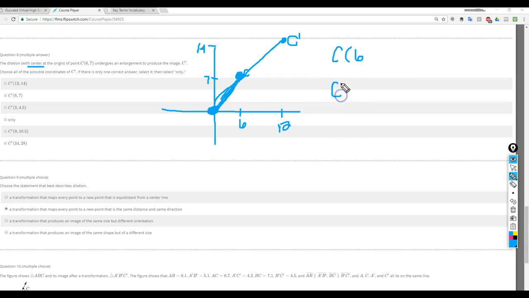C prime's coordinate is 12. And I'm just thinking to myself, what scale factor would I have to multiply 6 by in order to have 12? And 6 times 2 would give me 12.